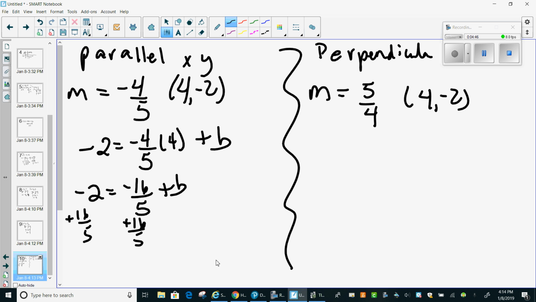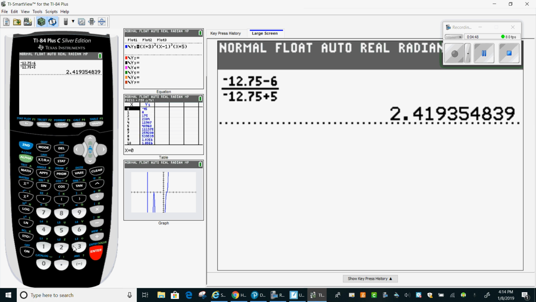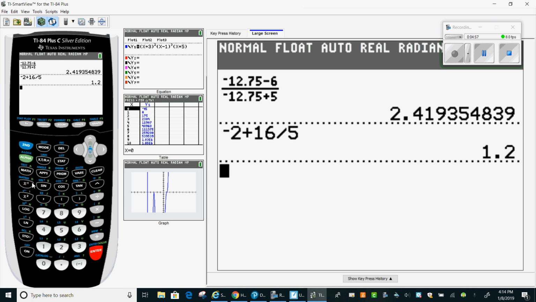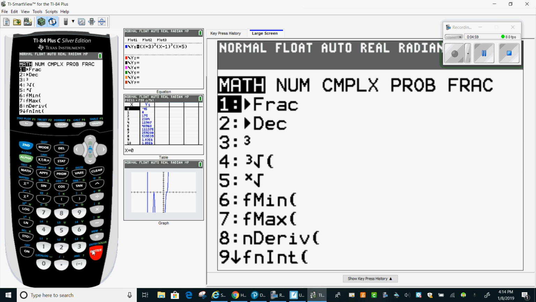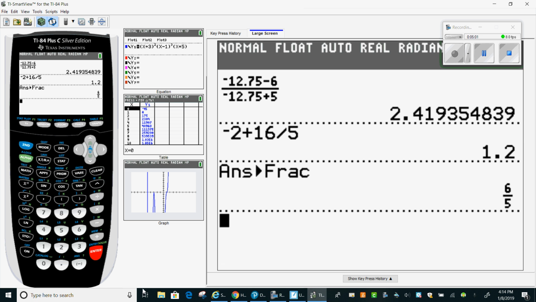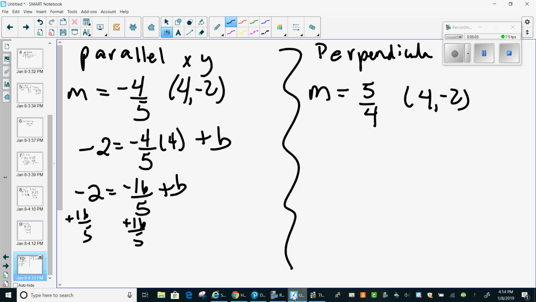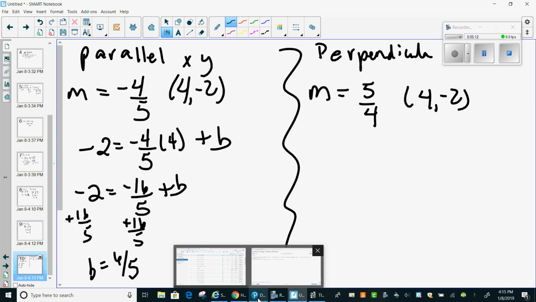Negative 2 plus 16/5. I'll come over here and do it. Negative 2 plus 16/5 is 1.2. They said I couldn't use decimals, so 6/5 is going to be my b. b is 6/5 and m is negative 4/5.